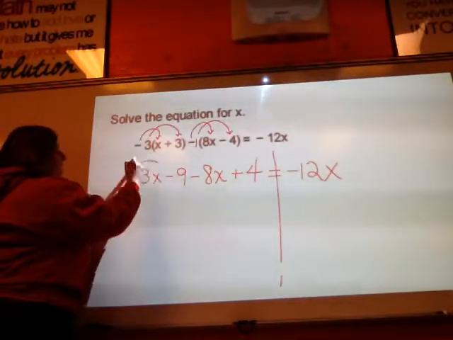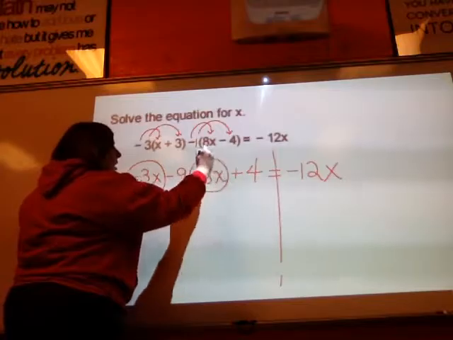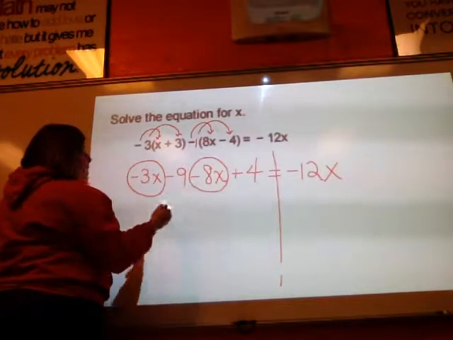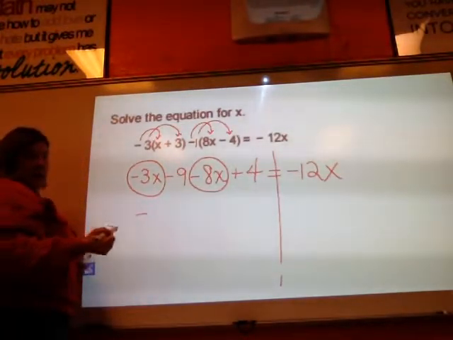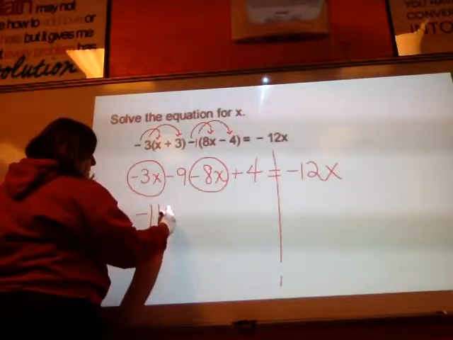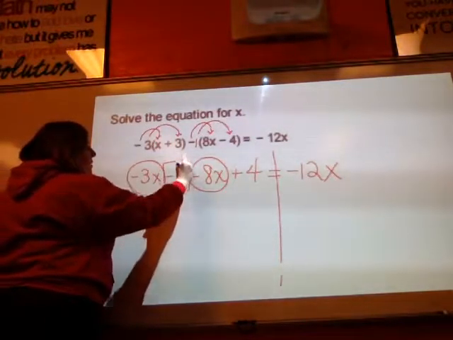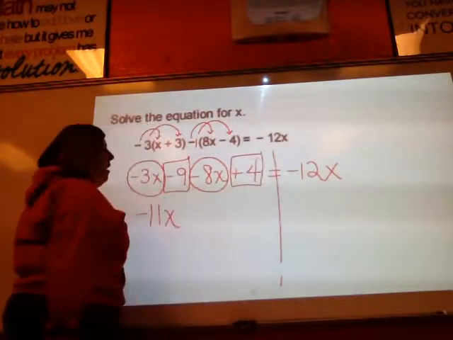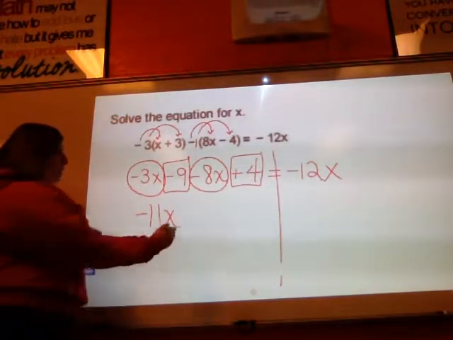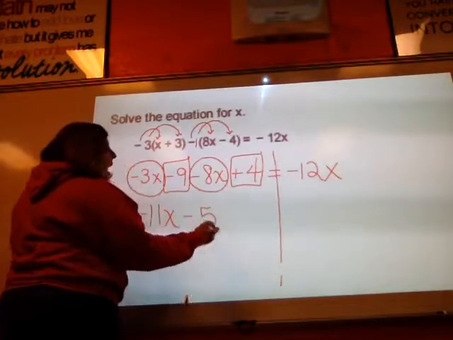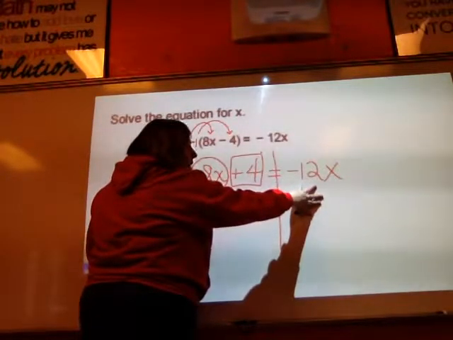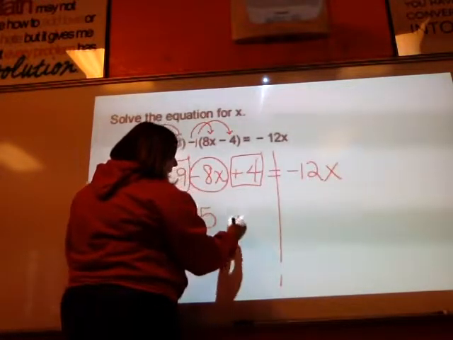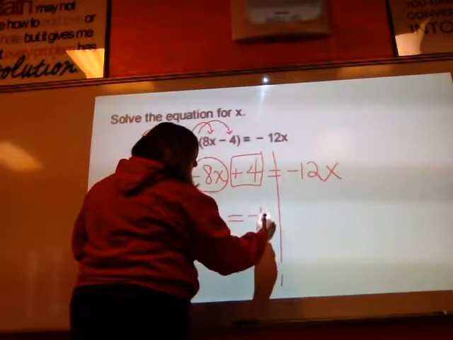So negative 3x minus 8x is a negative 11x. Then you've got a negative 9 that's a constant and a positive 4 that's a constant, which I can put together to get negative 5. Anything on the other side can go together, but it's only that one term, so I can just keep equals negative 12x.